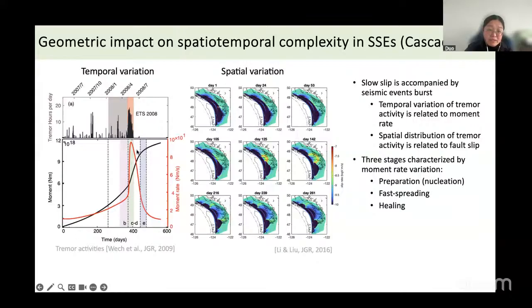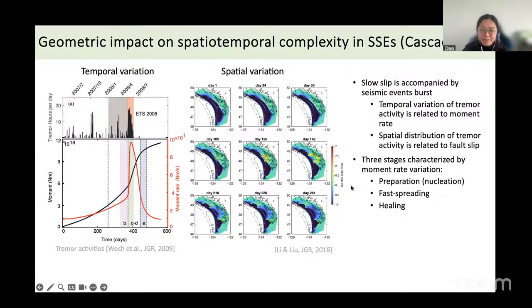The peak in moment release in the short period is the acceleration of rupture up dip on the fault. The last phase is when it decelerates in speed, and the total cumulative slip is very small.